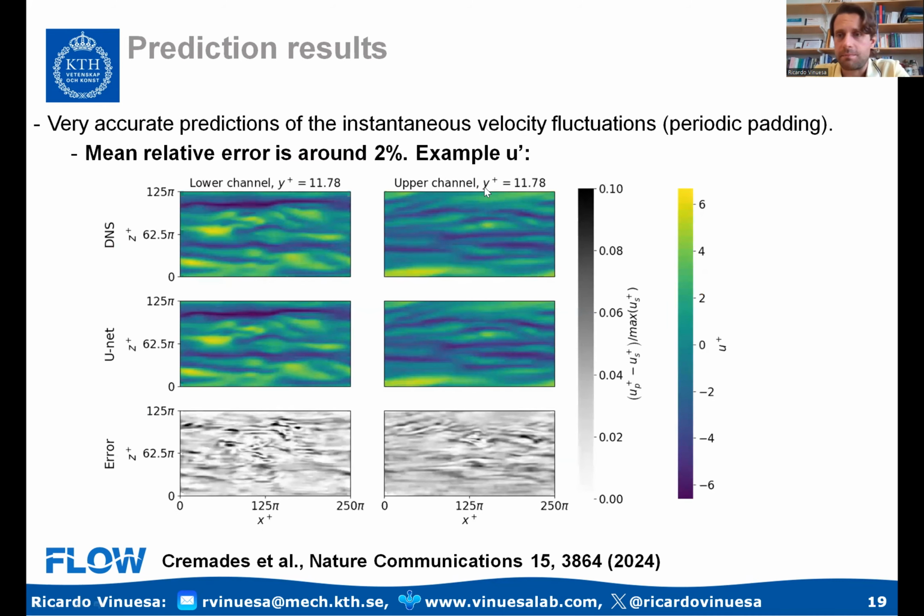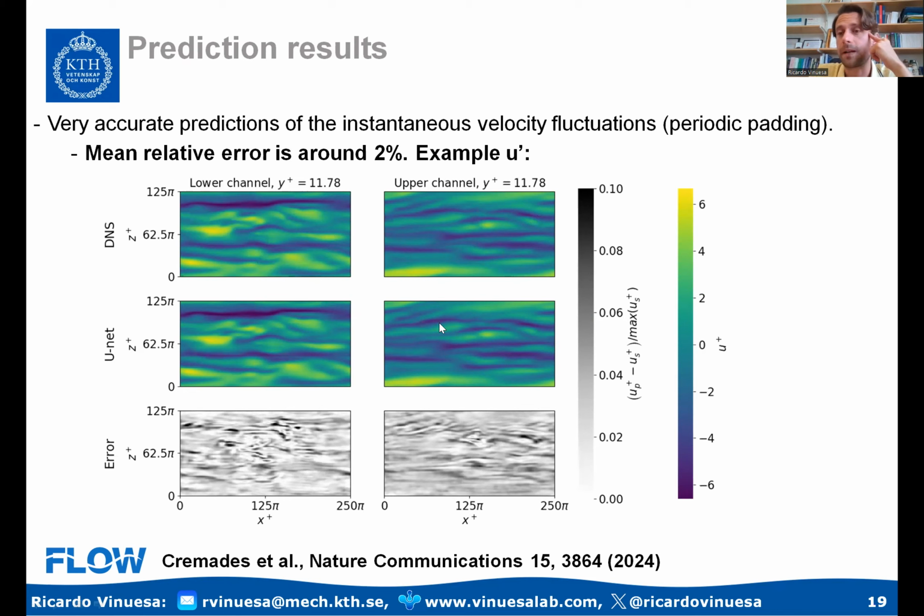And actually, this method allows us to obtain pretty good predictions. We're predicting the flow field with only 2% relative error, which, nowadays we have even better models with less than 1% error, but 2% error is pretty good. As you can see here, by looking at the streaks in the near wall region, the first row is the DNS, the second one is the U-net prediction, the left column is the lower wall, and the right column is the upper wall.